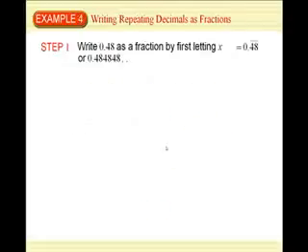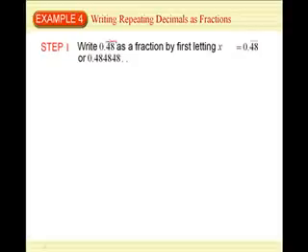Rewrite 0.48 as a fraction by first letting x equal 0.48 repeating, or 484848. This should have a bar notation over it. This is kind of fun to do.